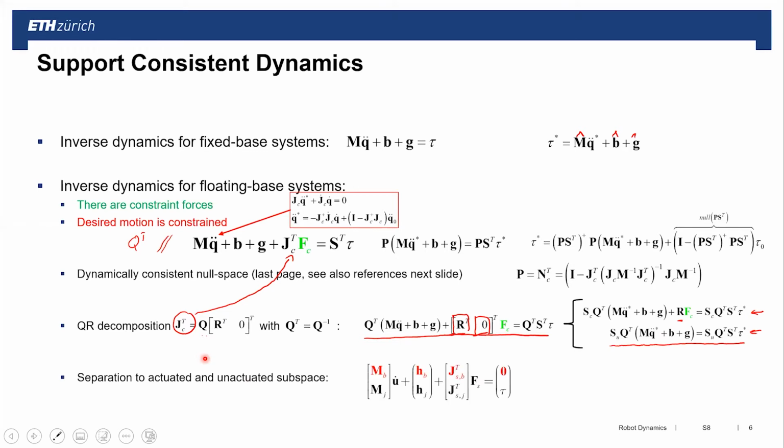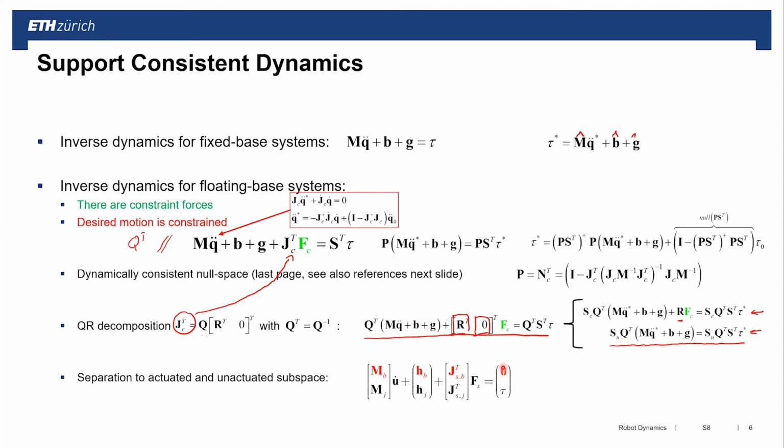And if you remember what I showed you last time, and that's the reason I show this here again, this is similar to how we analyzed the whole equations of motion. So we said we can split. We also have this selection matrix here, which essentially produces zeros for all the base degrees of freedom.